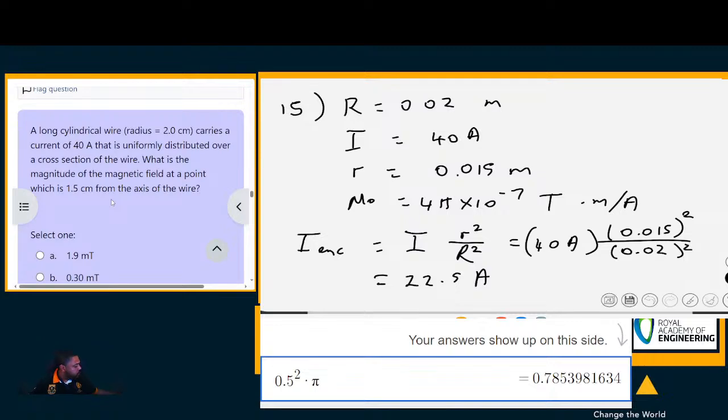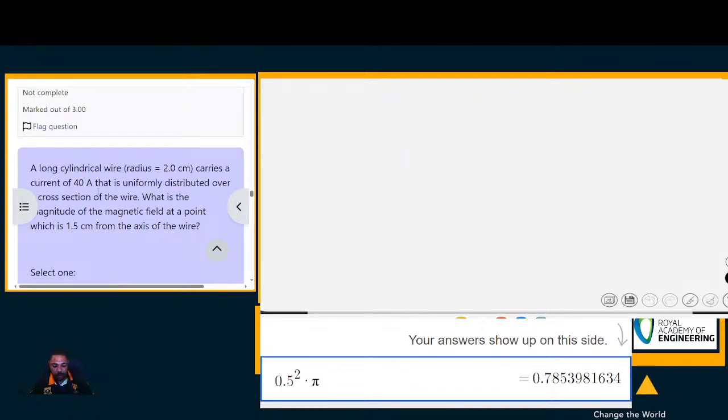Okay? Therefore, we then apply Ampere's law. Guys can still remember Ampere's law. The integral of the magnetic field dl over a certain length is equal to mu naught times the current enclosed. We already calculated the current enclosed. We have mu naught, and this is for a circular loop.